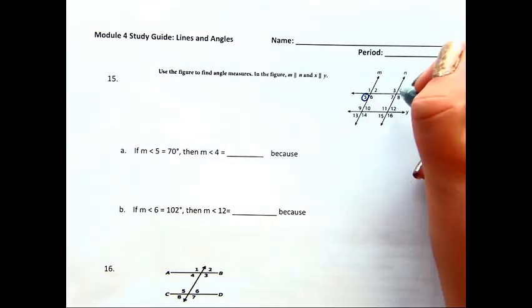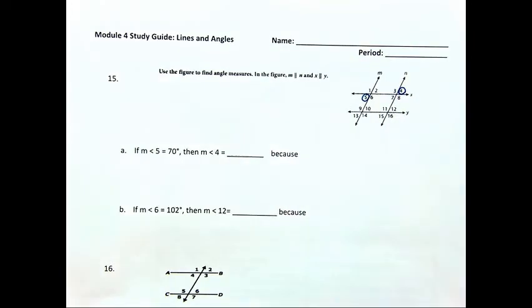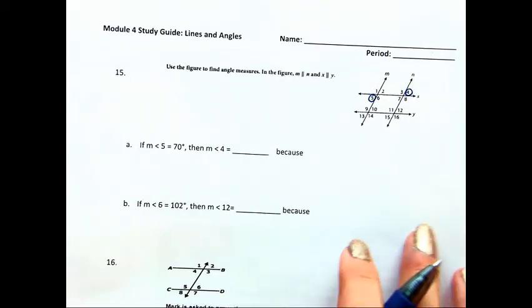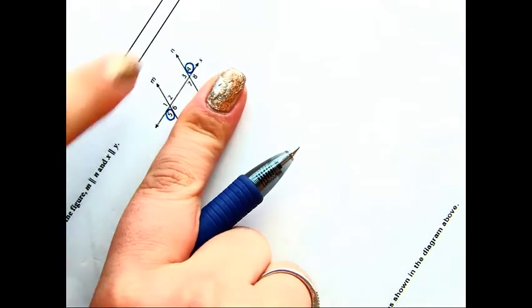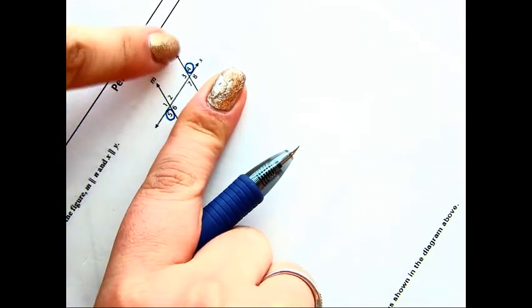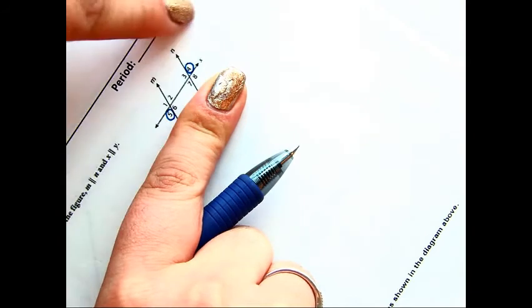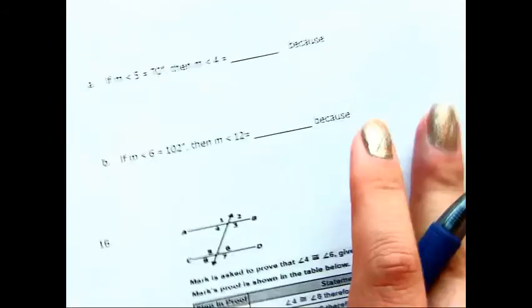Now I'm trying to figure out what angle 4 is over here. So I'm going to rotate the picture. Zoom in a little. I'm going to rotate this picture so you can see my two parallel lines cut by a transversal. The 4 and the 5 are on the outside, the exterior.